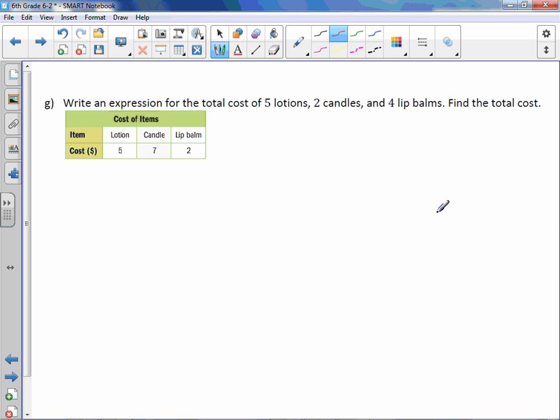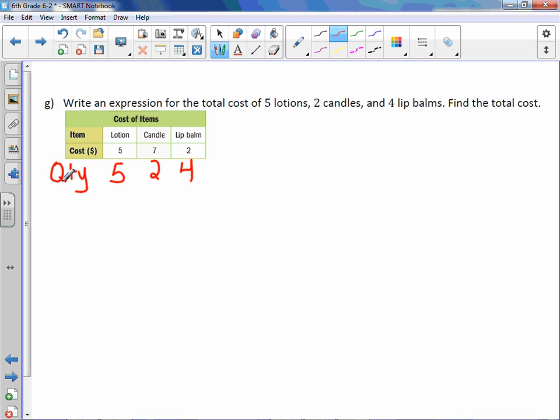Write an expression for the total cost of 5 lotions, 2 candles, and 4 lip balms. Now I'll label this quantity.